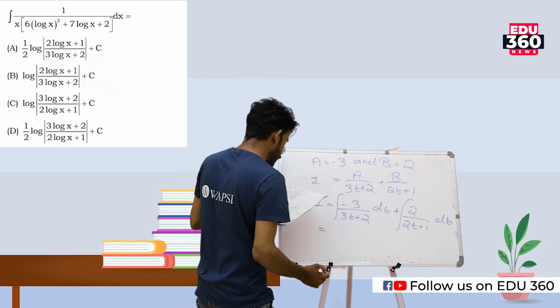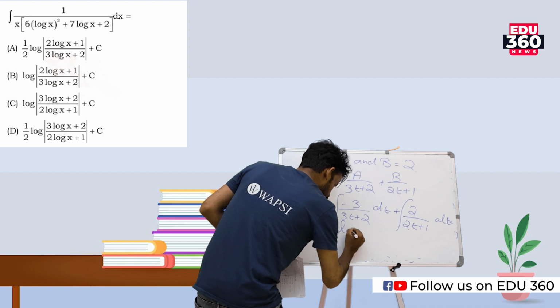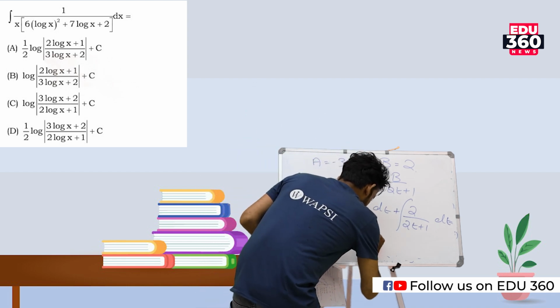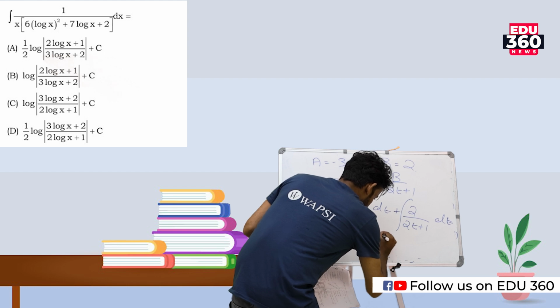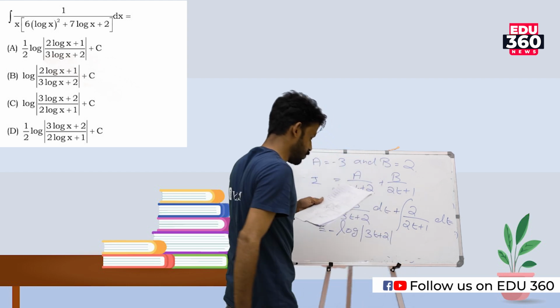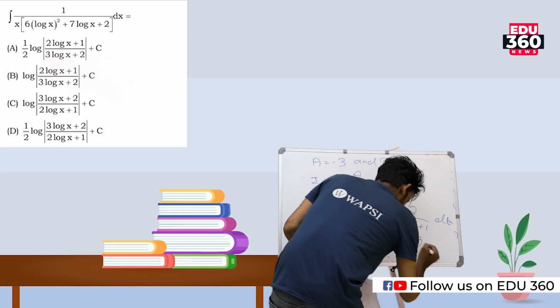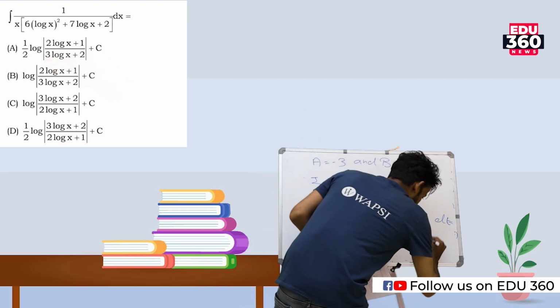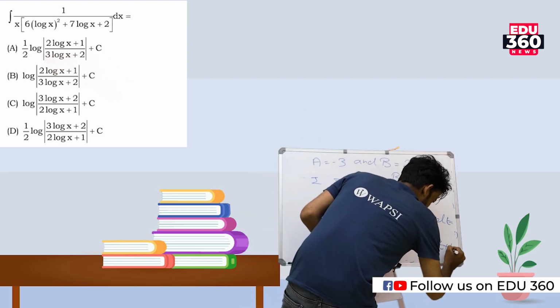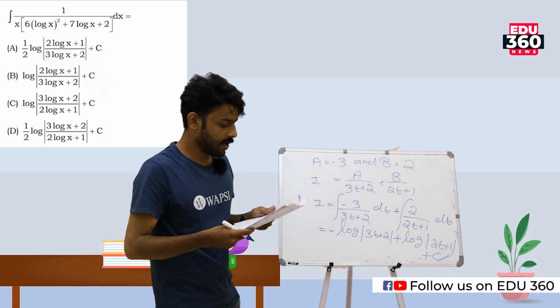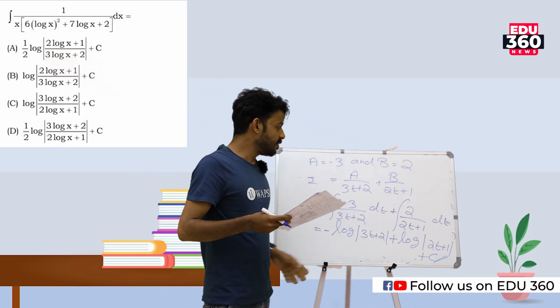What is the integral of this? This is equal to minus log mod (3t+2) plus log mod (2t+1) plus C. So this is the final answer.